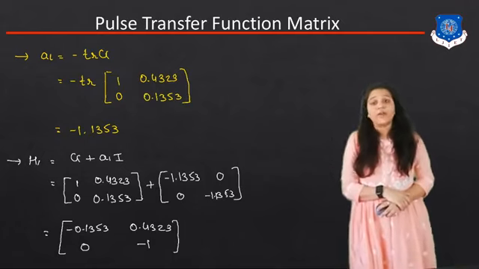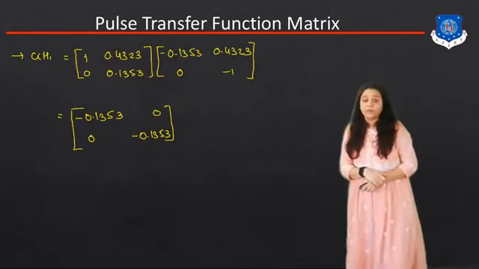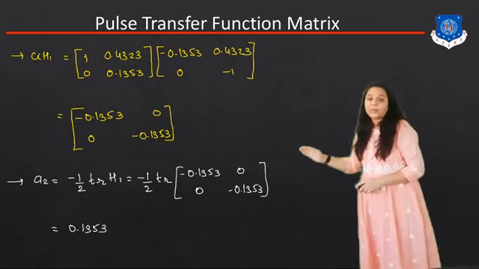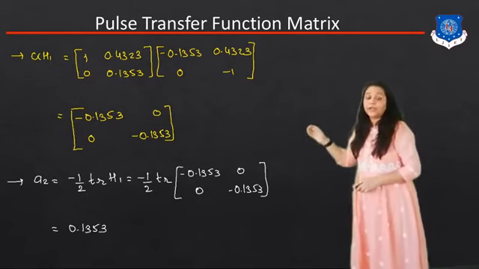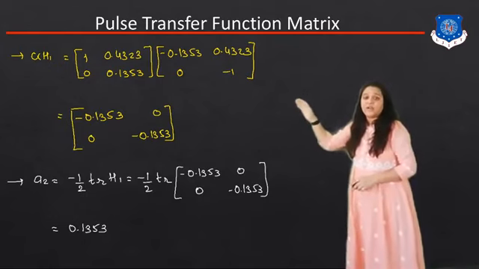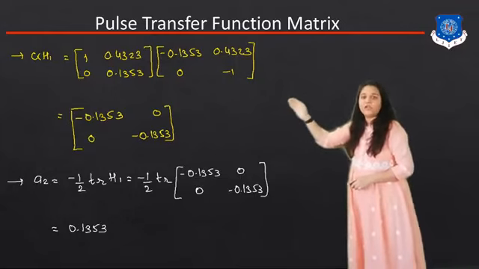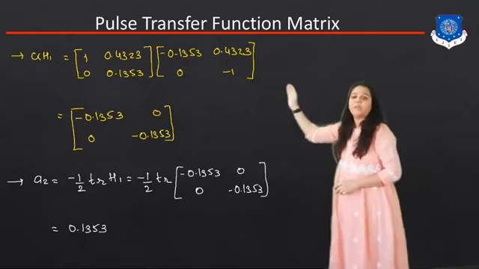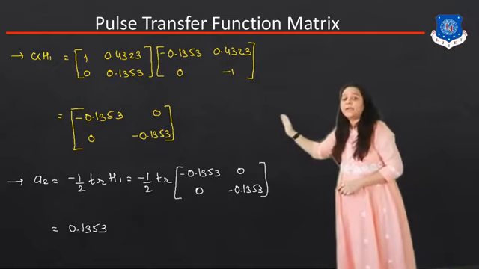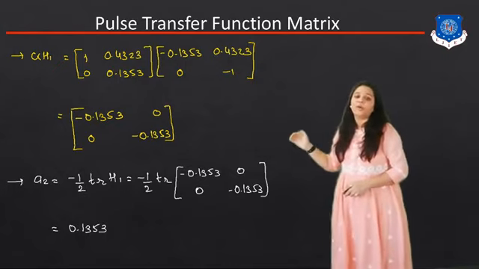Now next we have to find the value of a2, and the equation of a2 is -1/2 trace(G H1). For that we have to find the value of G times H1. So G times H1 is [1, 0.4323; 0, 0.1353] times [-0.1353, 0.4323; 0, -1], and we get [-0.1353, 0; 0, -0.1353].